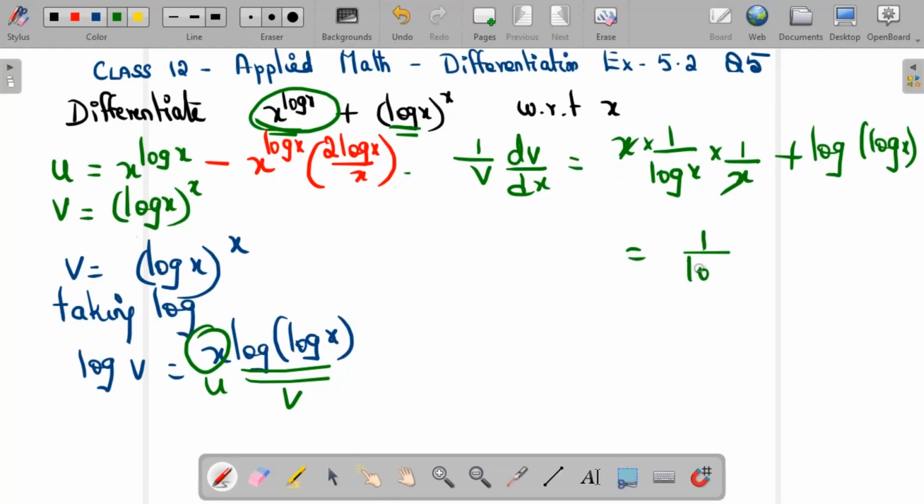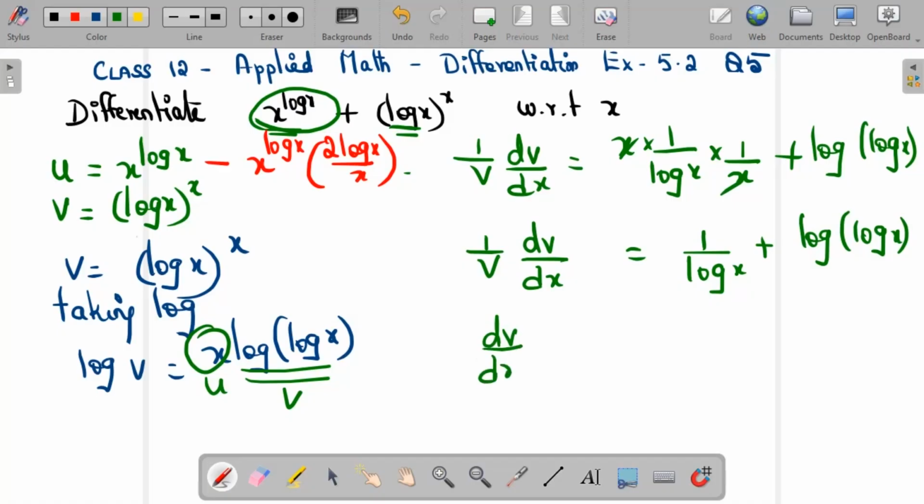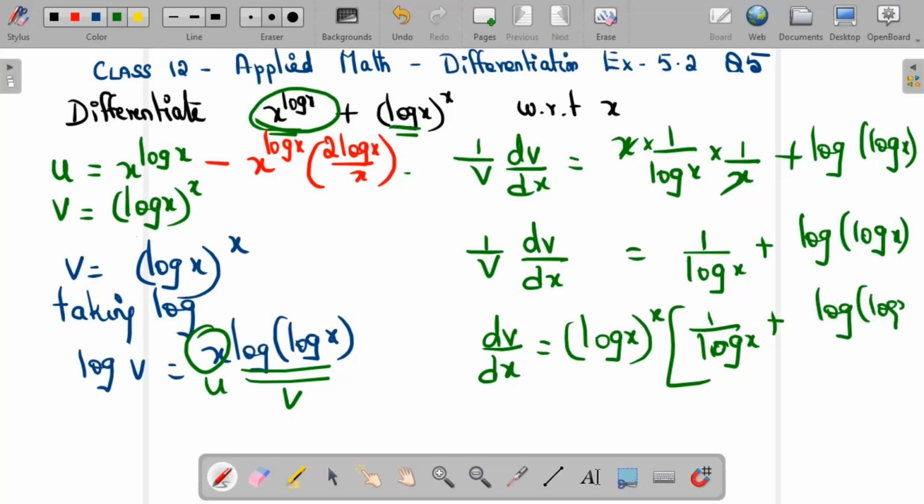So it is 1 by log x plus log of log x. This is nothing but 1 by v dv by dx. Now we need dv by dx. So dv by dx is v into this particular expression, which is log x the whole power x into 1 by log x plus log of log x.